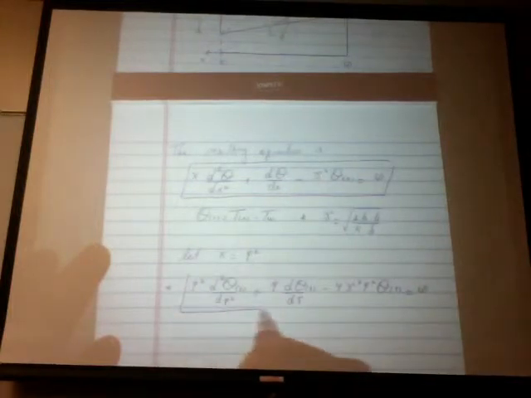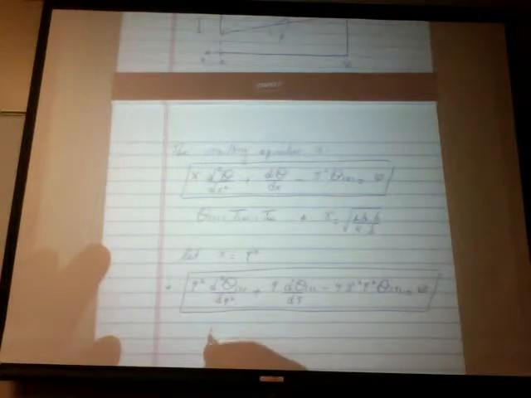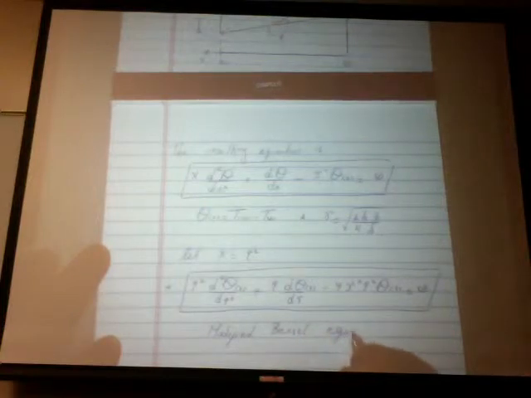And that, as you can see, is the modified Bessel equation. So after a few tricks, we got there. And the answer to that, well, we know what the solution is of the modified Bessel equation.